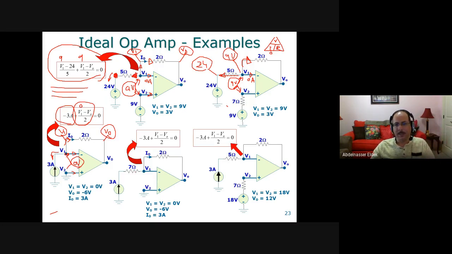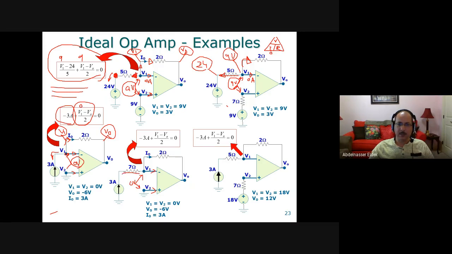Let us look at the second example. I added here this 7 ohm. Then we follow the same steps. This current equals 0. And this voltage equals this voltage. V2 is connected to the ground, so V1 will be also 0 volt. Okay, and then you apply nodal analysis at V1.